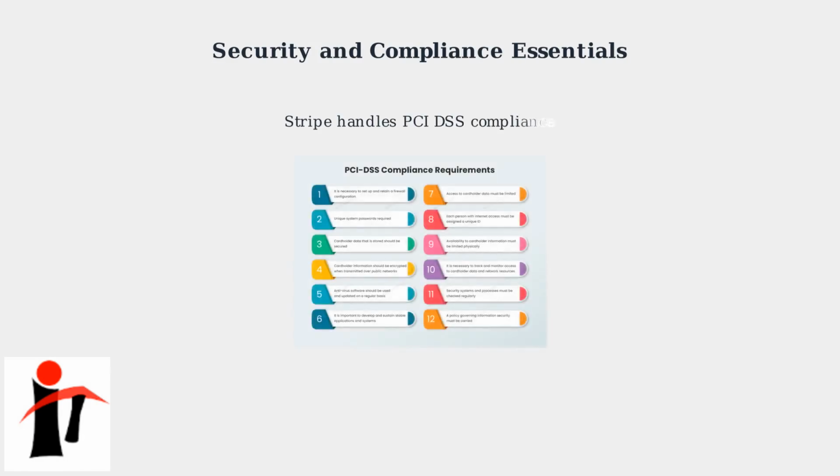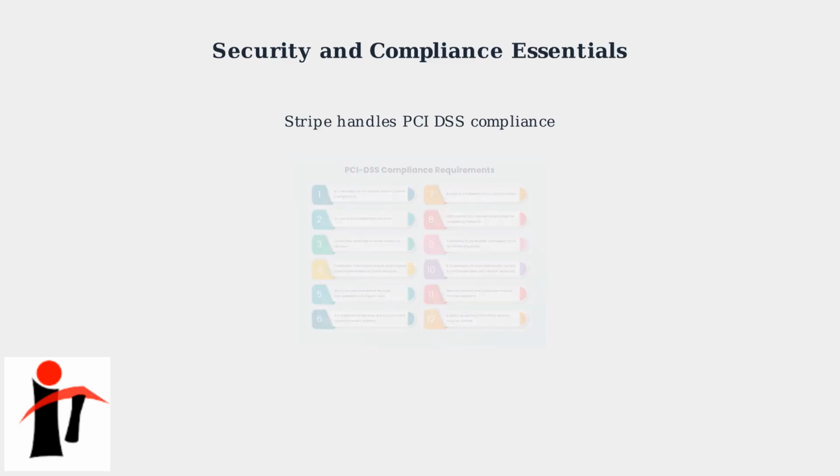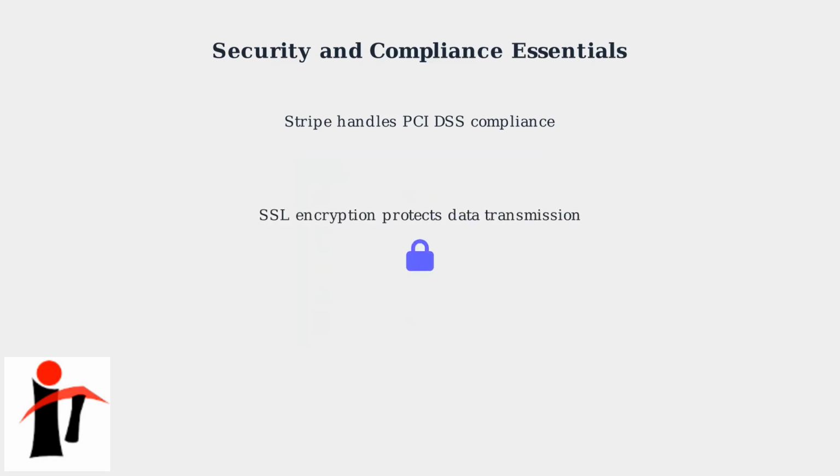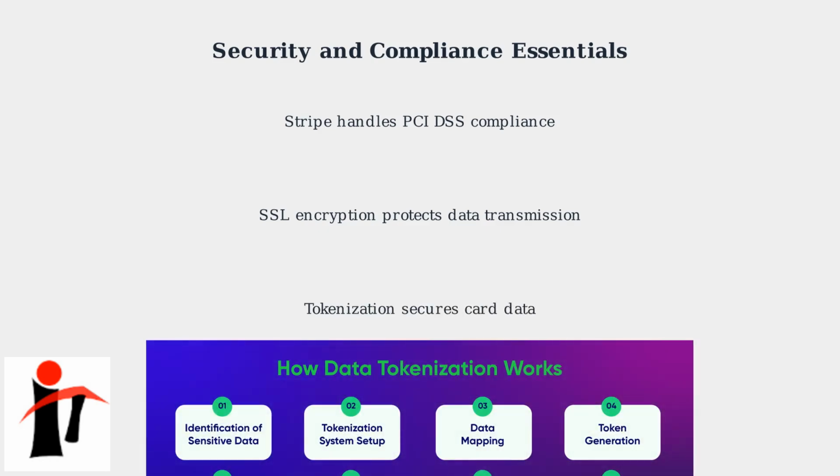Security is paramount in payment processing. Stripe manages PCI DSS compliance, ensuring your site meets strict security standards for handling card data. SSL encryption protects data during transmission between customer and server, creating a secure connection. Tokenization replaces sensitive card information with unique tokens, preventing data theft while maintaining transaction functionality.